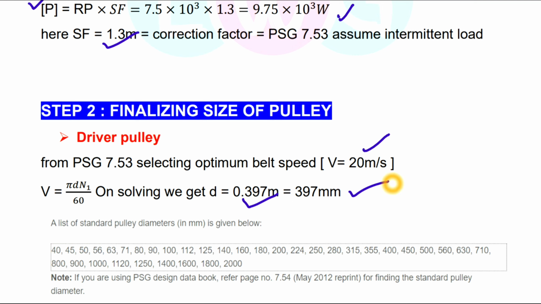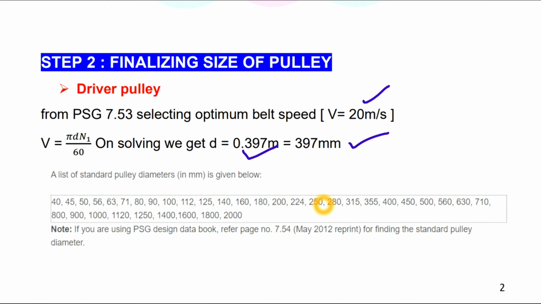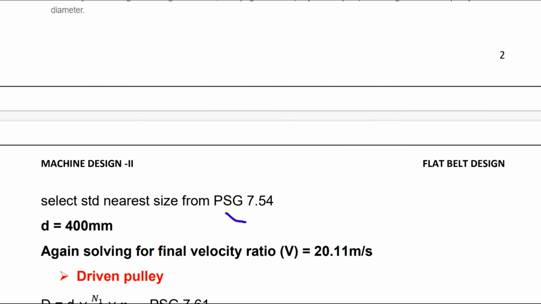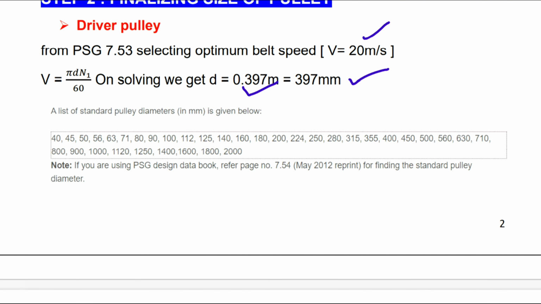But this diameter of the driver pulley is a calculated value, and we have to select a standard value. For selecting the standard value, go to the PSG page number, where you will see a table of standard pulley diameters.